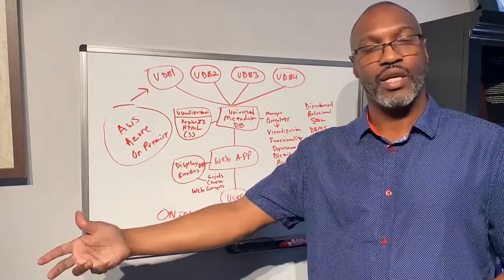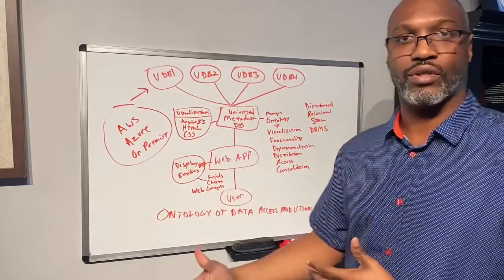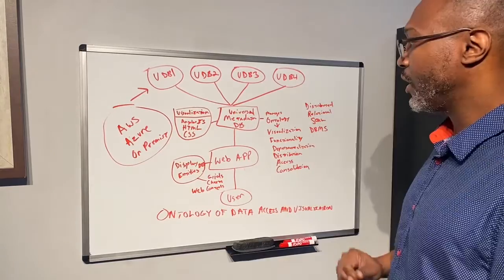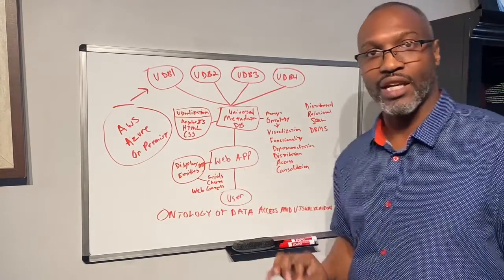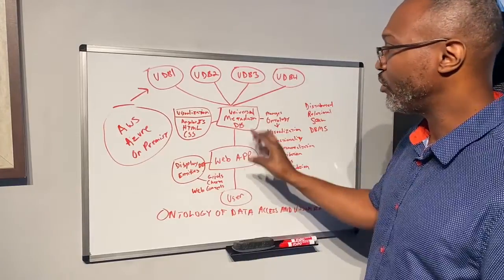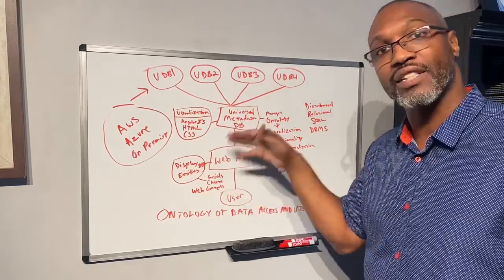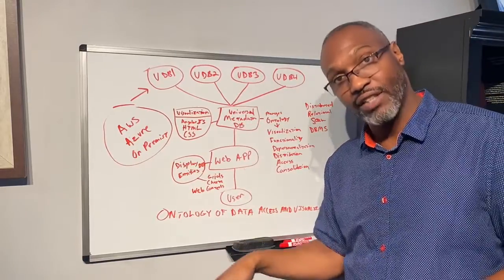The metadatabase actually has ontological references to the attributes, to the tables, to the foreign key constraints, to the primary keys. And since it has ontological awareness of the data, it gives the web application the ability to display it, because it also has visualization, and gives the user the ability to navigate through that data effectively.